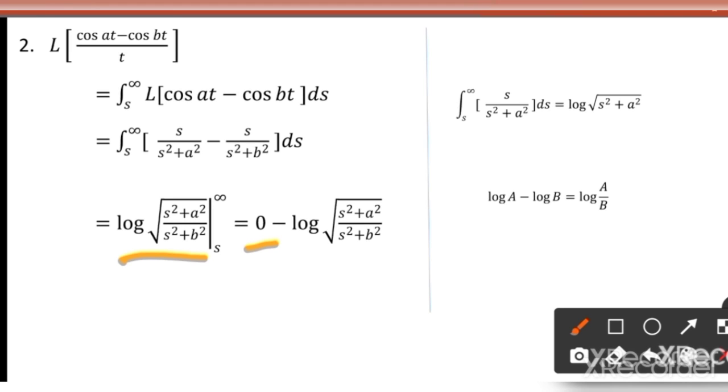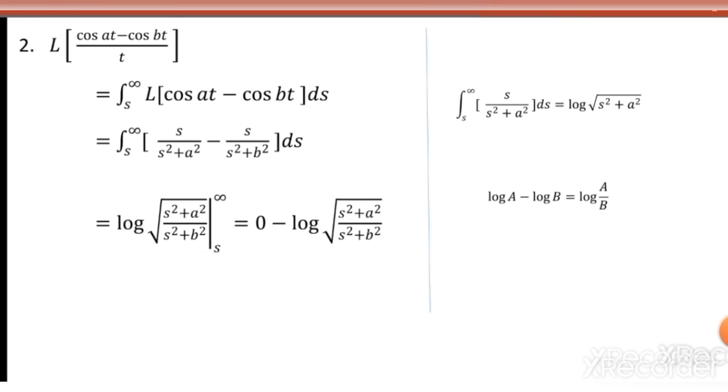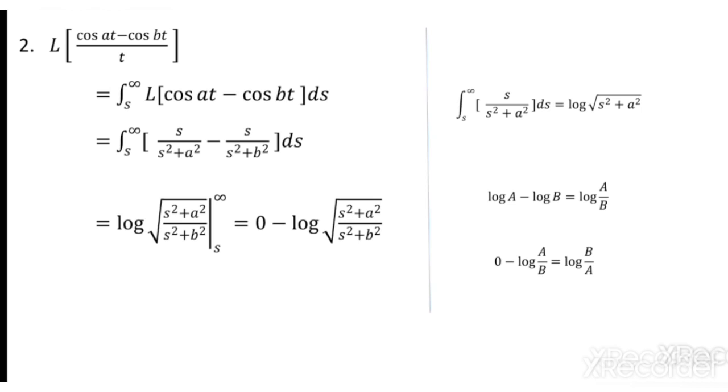But minus the lower limit, it will be the same, nothing will change: minus log root s square plus a square by s square plus b square. By applying the rule of logarithm, that gives log root of s square plus b square by s square plus a square.